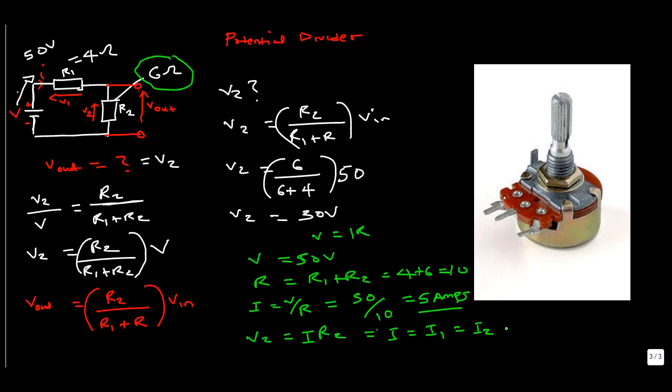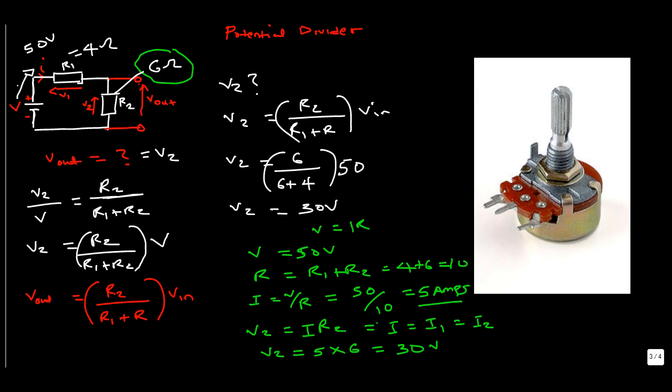So V2 is essentially 5 times R2, and 5 times 6 gives you 30. This is another, longer way to work out V2 if you don't want to use the potential divider formula. But I do insist you understand the potential divider formula because it's really important.